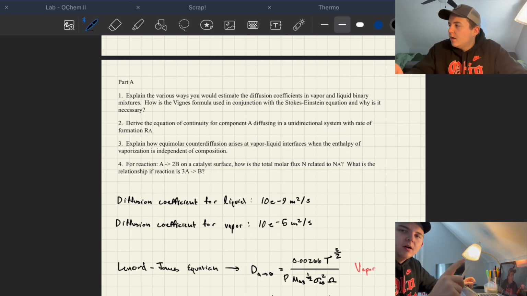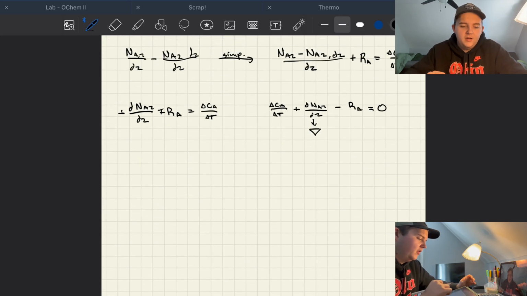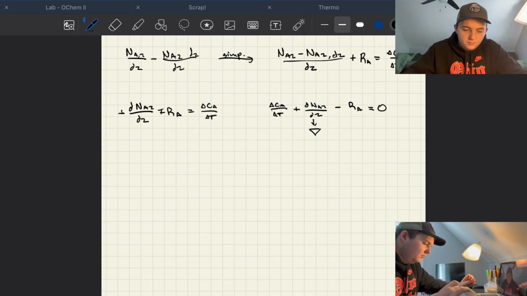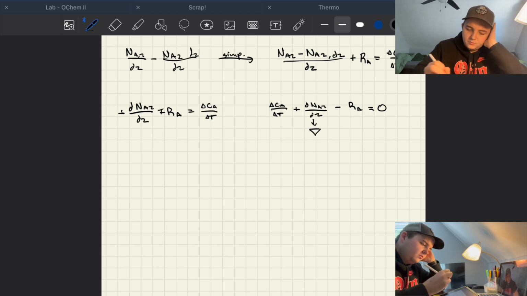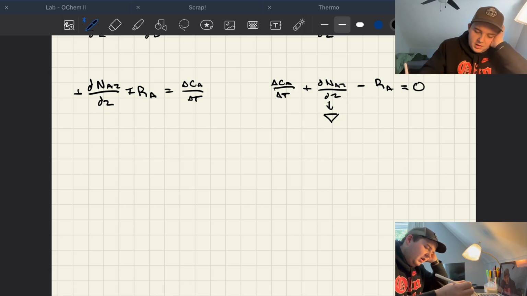Okay, now for part 3, we have: explain how equimolar counterdiffusion arises at vapor-liquid interfaces when enthalpy of vaporization is independent of composition. I haven't done a diagram yet, but I have one in mind. We're going to start up here with our vapor condensing.